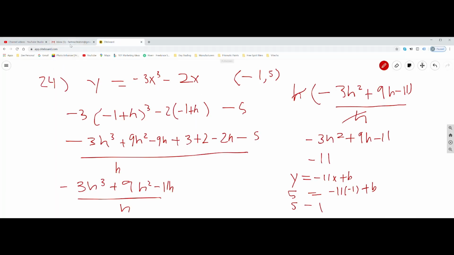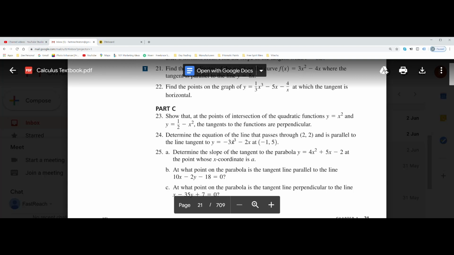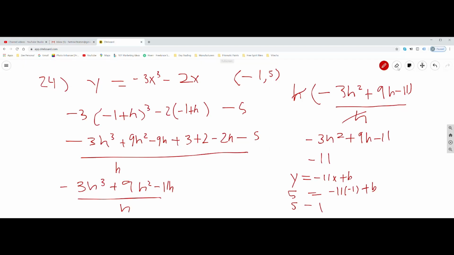You have to use the points, determine the equation of the line that passes through 2 and 2. So you have to use 2. So go back here. So you have to use 2 equals negative 11 times 2 plus b. So this is negative, so when you move it over, it's positive, 22 plus b. So you get 24 equals b.